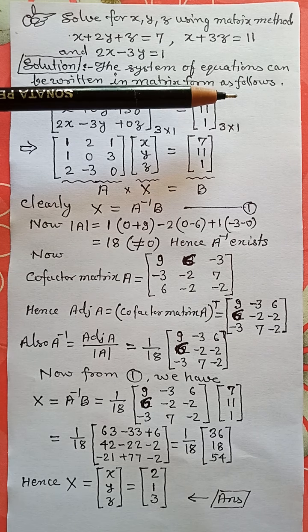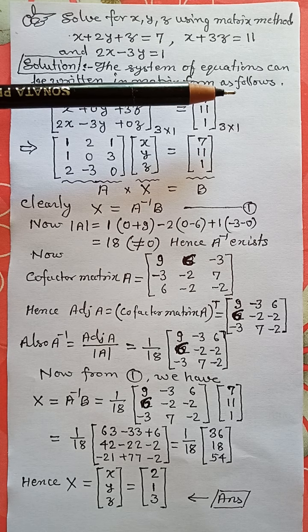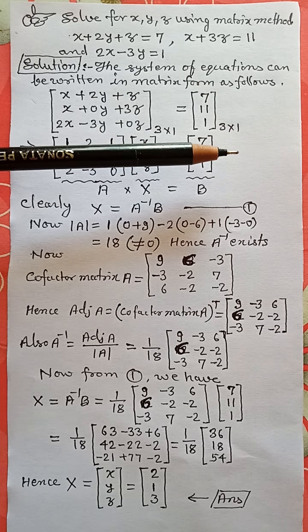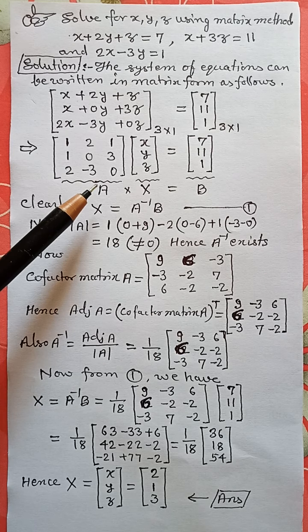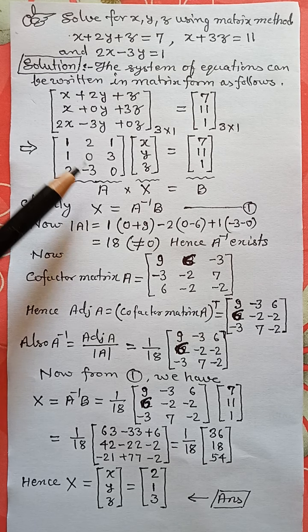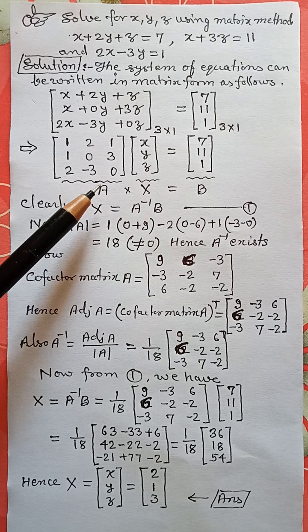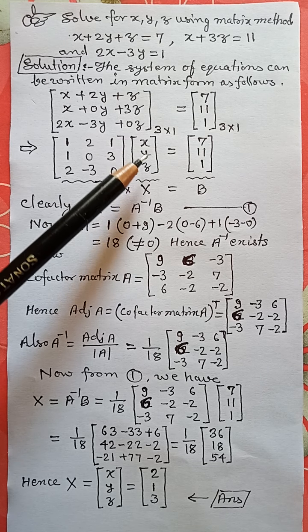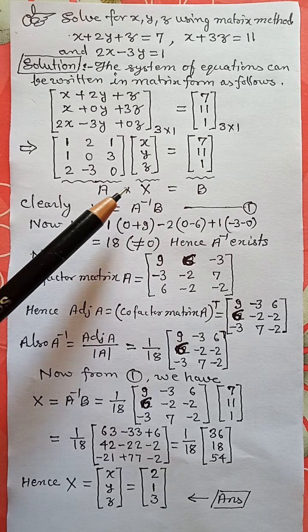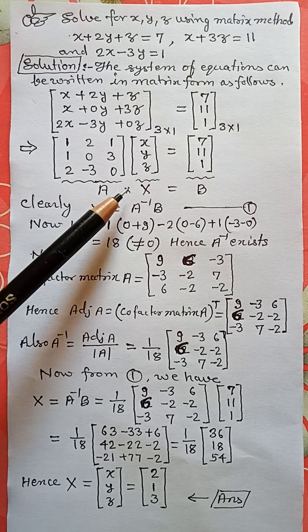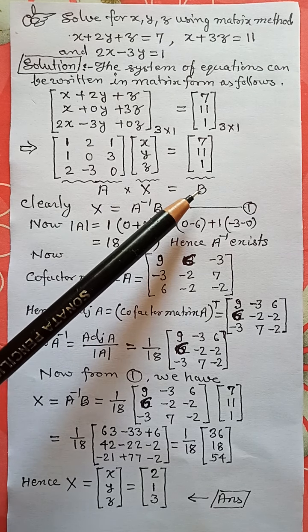Therefore this system in matrix form can be written in another way. Now this matrix is a square matrix of order 3 by 3. This matrix is A, and this matrix of variables is X, this is equal to B. Hence A X is equal to B.